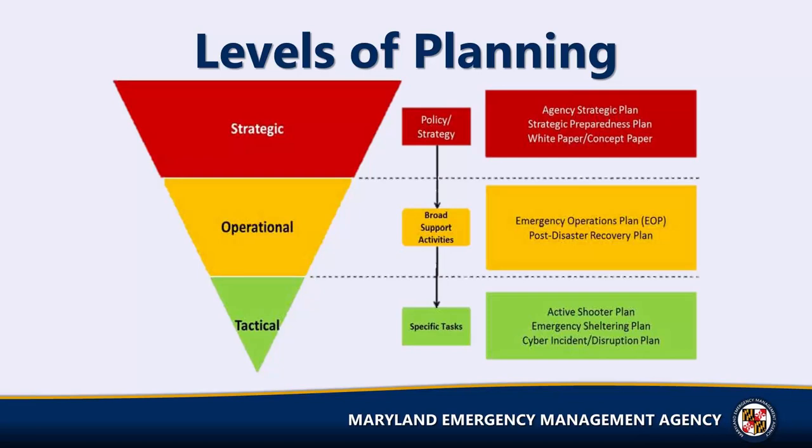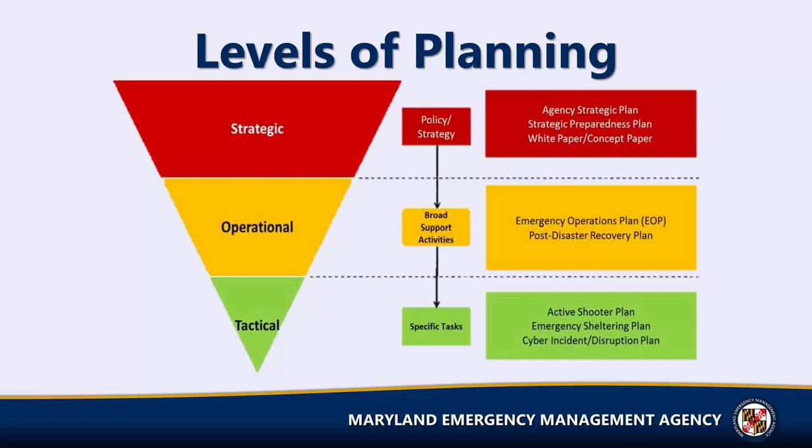Moving one level lower to the operational level, operational plans outline the broad support activities that organizations complete to support a disaster. Operational level planning is the level where emergency management activities typically reside. An emergency operation plan is a good example of a document at this level.